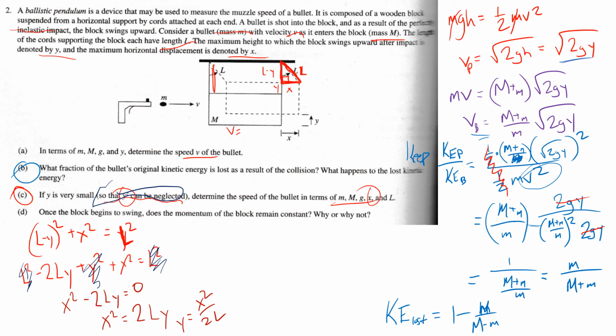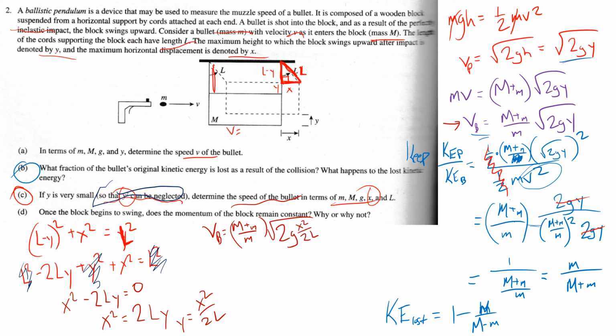So we want to know the speed of the bullet. The speed of the bullet is this guy here. Well, now we can just plug in some stuff for y. So v of the bullet is going to equal big M plus little m over little m. You just can't get away from that fraction. Times the square root of 2g x squared over 2L.